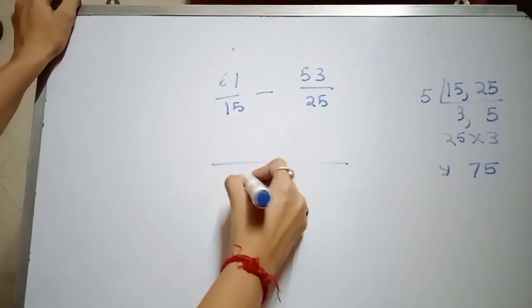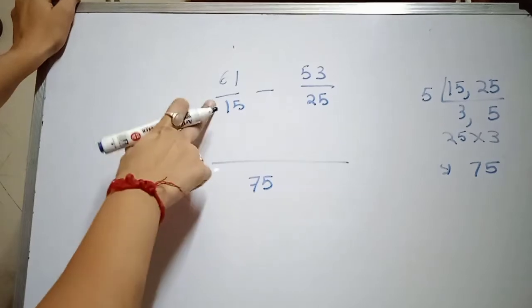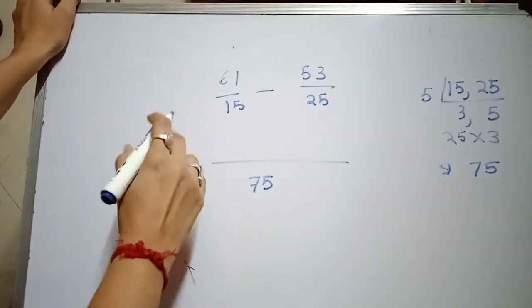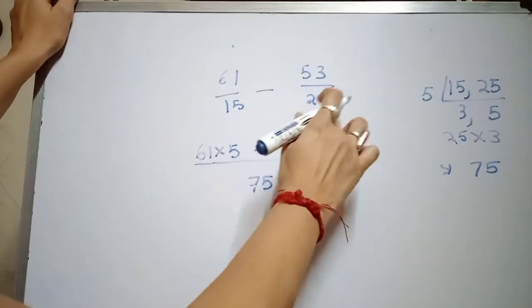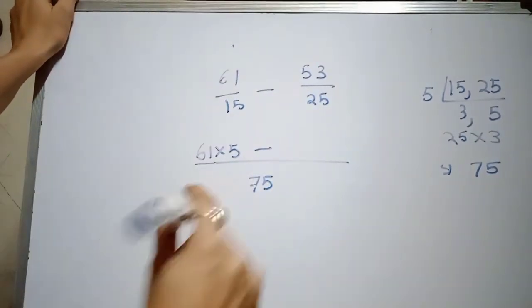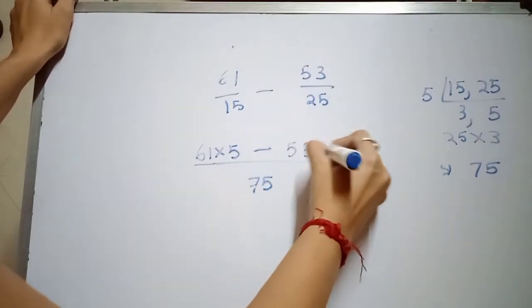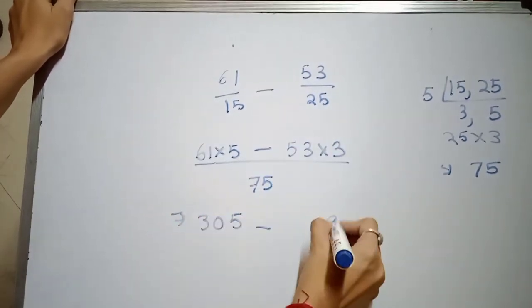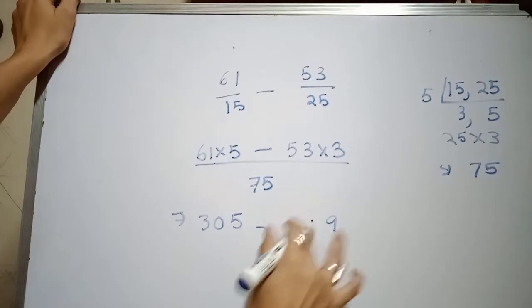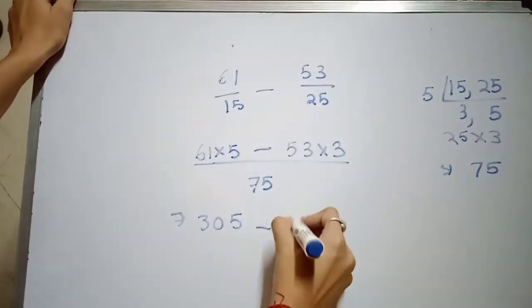Okay, so the LCM will be 75. 15 times 5 is 75, that means I have to multiply 61 into 5. 25 into 3 is 75, so I have to multiply 53 into 3. So I get here 3 times 3 is 9 and this will be 15.